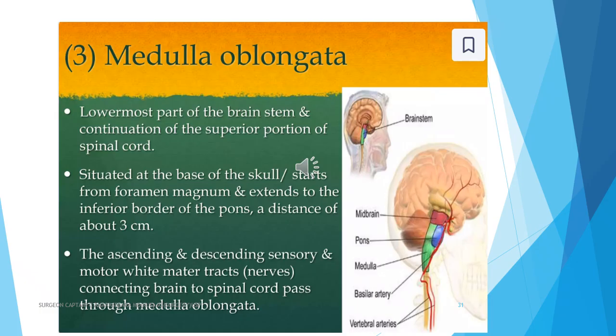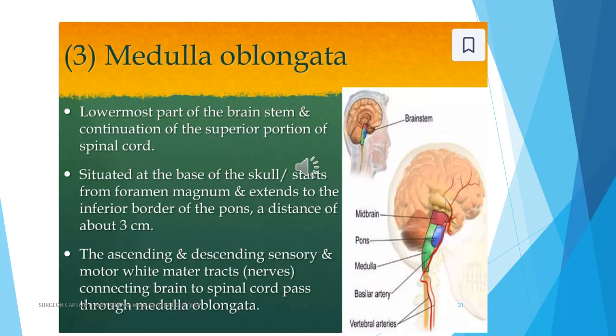Its length is about 3 centimeters, located between the pons and the spinal cord below. The posterior surface forms part of the floor of the fourth ventricle. Glossopharyngeal, vagus, accessory, and hypoglossal nerves emerge here.